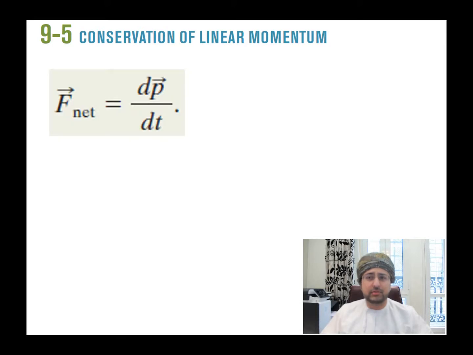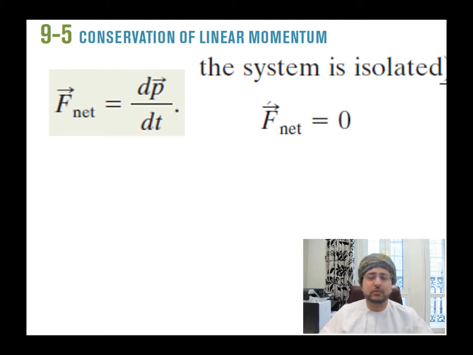My force is the rate of change of momentum. This much we know. Now, what happens if all of my forces are internal? My net external force is 0. What does that mean? If a system is isolated, then the rate of change of momentum due to an external force is exactly 0.